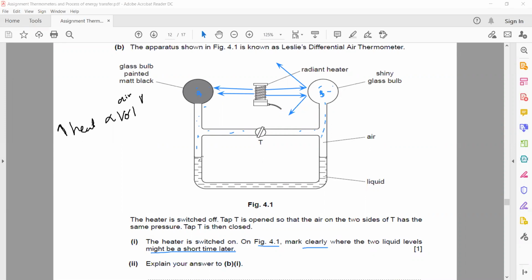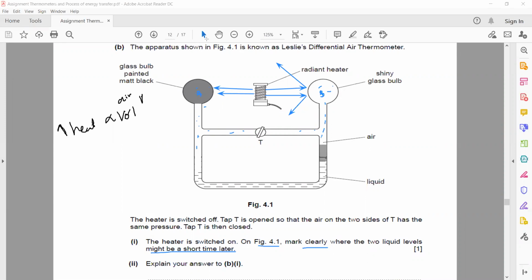As the air expands, it will push the liquid level down. So what will be the new levels? The level on the left hand side will be lower, and the level of the liquid on the right hand side will be higher.